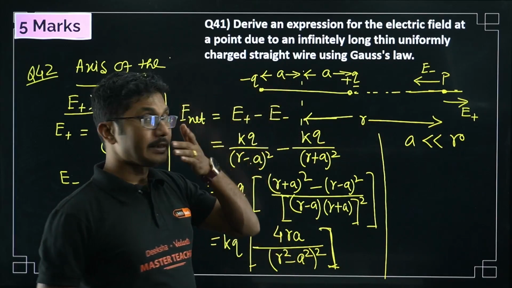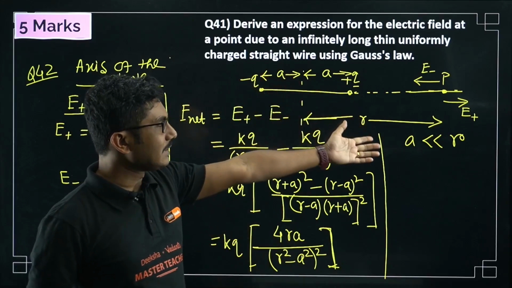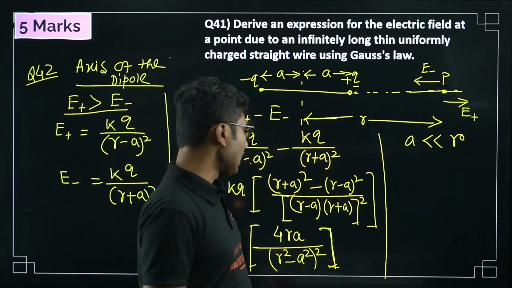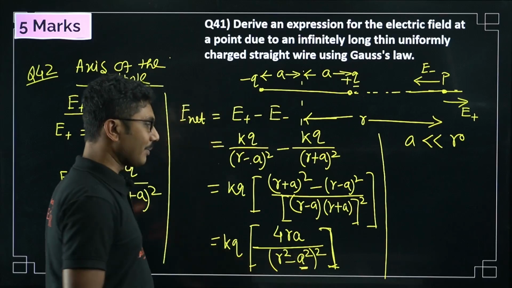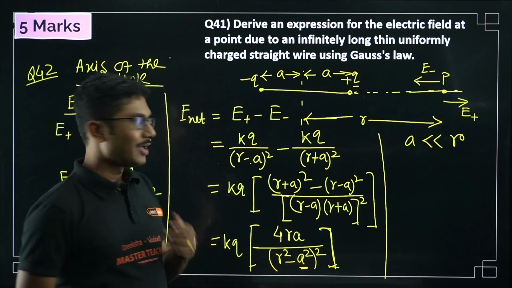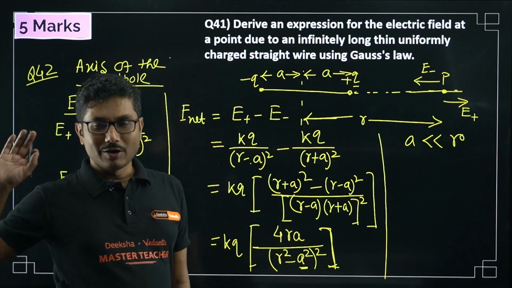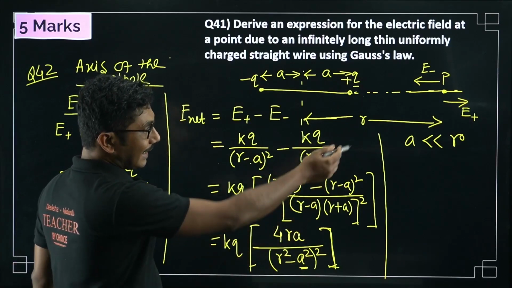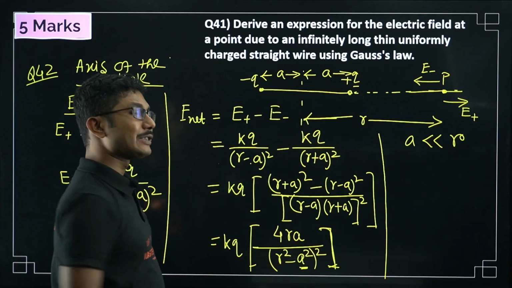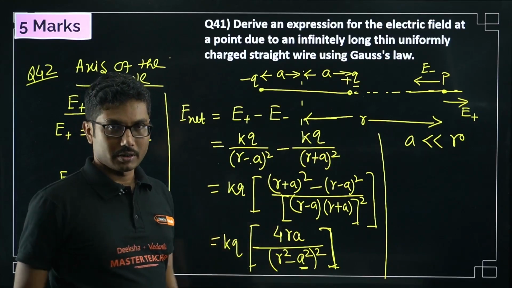So this distance is very, very small, so that means A should be very, very smaller than R. So what we can write, we can ignore this A square but not this A. The upper A we will not ignore, the lower A we will ignore.